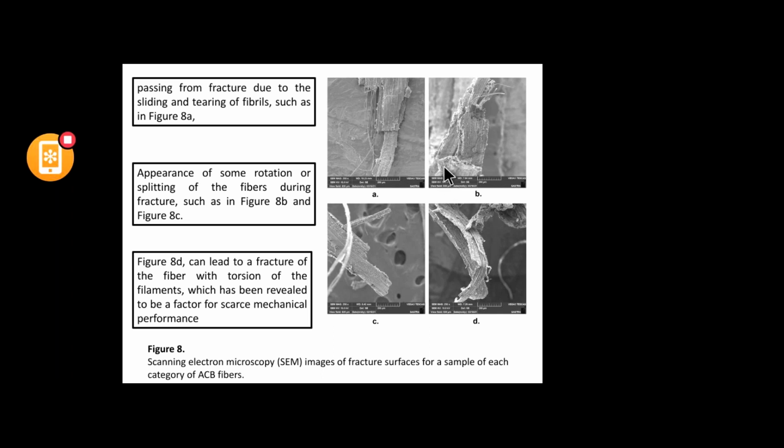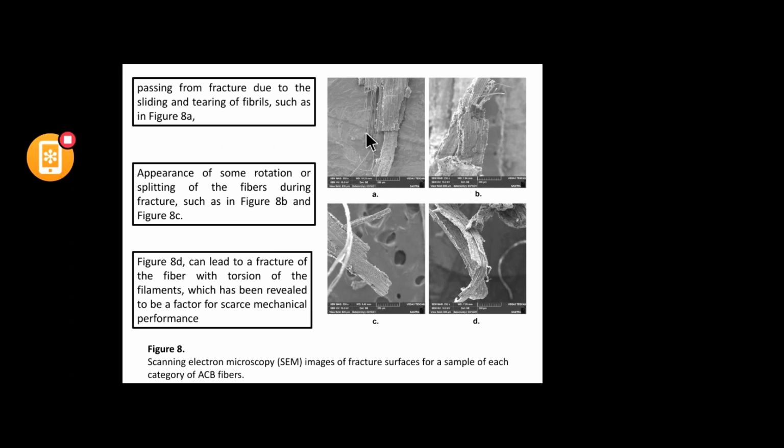This figure shows the fracture surface of the samples of each category of the acacia bark fibers, with micrographs of the fracture surface in figures A, B, C, D.